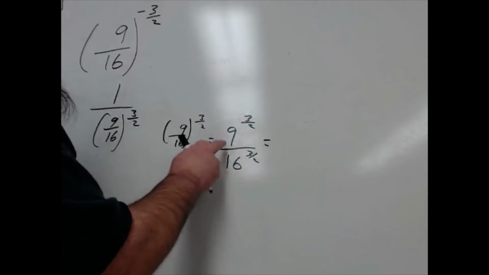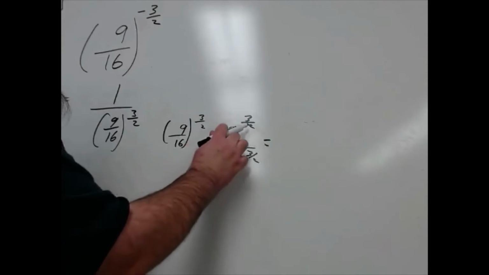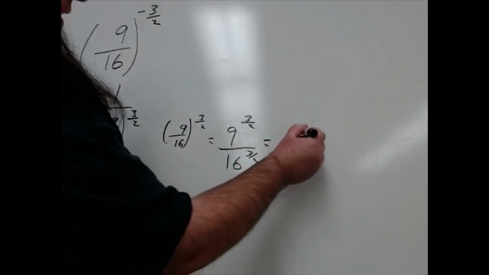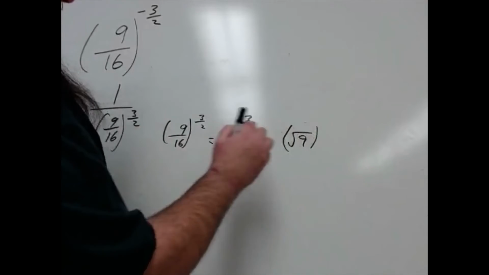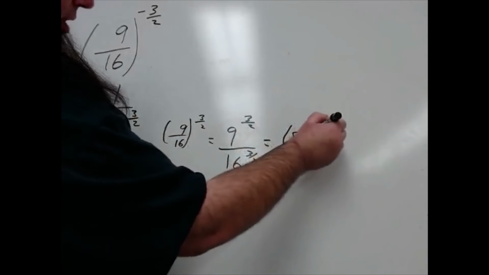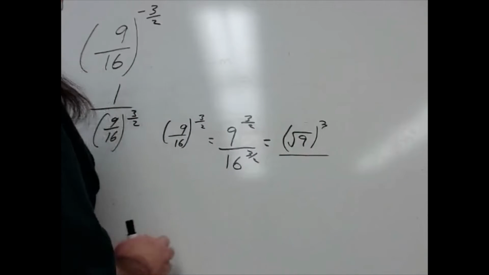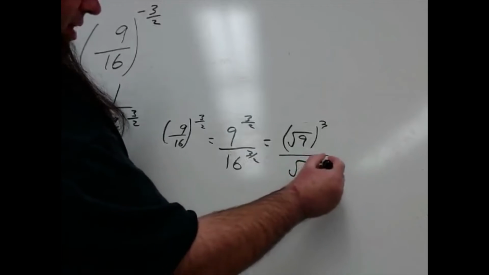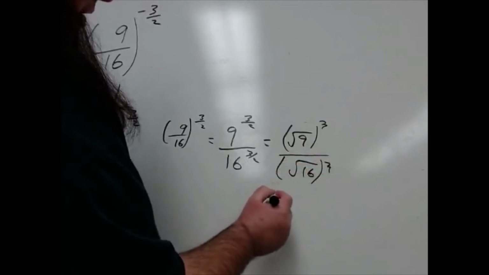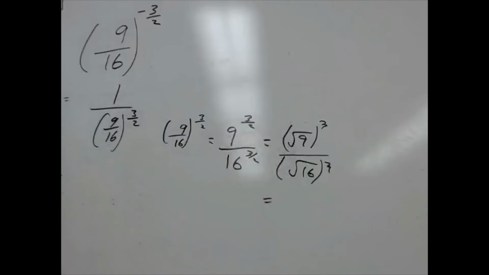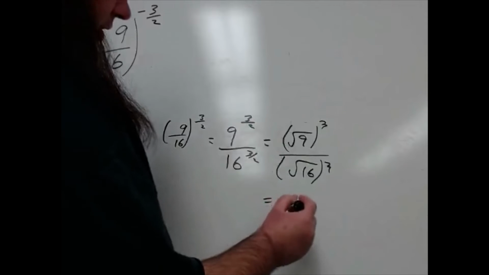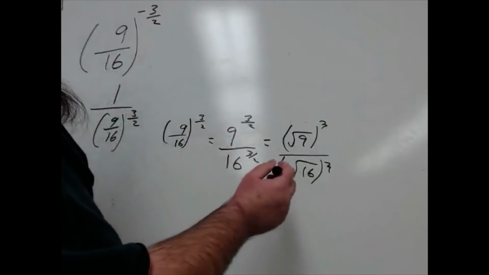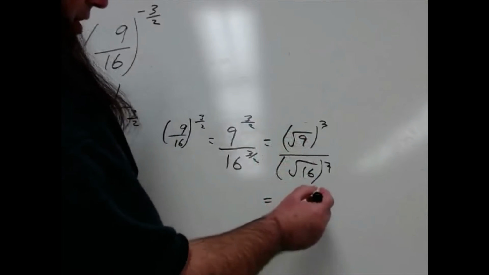So 9 to the 3 over 2, well, denominator's 2, this means it's square root of 9. Numerator's 3, so exponent 3, over 16 square root, and then cube that. So the square root of 9 is 3, and I'm going to cube it.